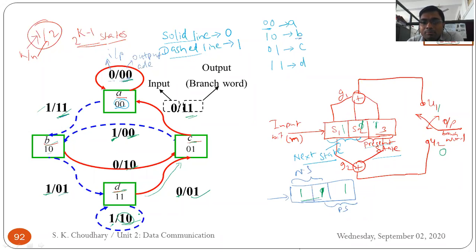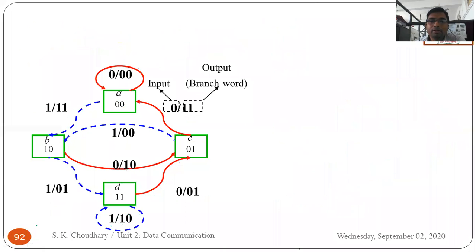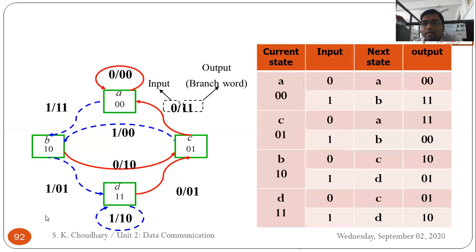So on the basis of this state diagram or this information, we can construct what? A lookup table. So as per our discussion, we have made this lookup table. Now it appears on your screen.